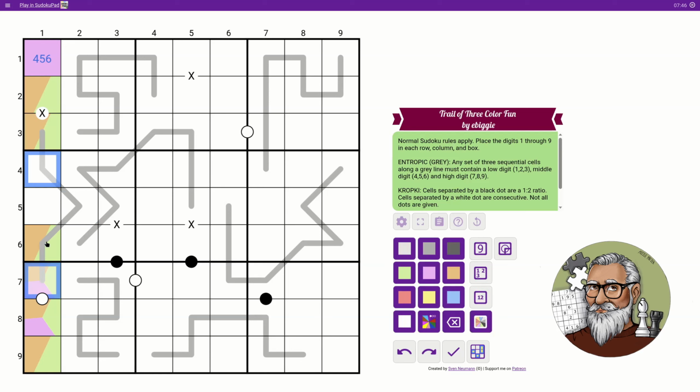This is the same color and this is the same color. What does that mean? Same color, not same value. Okay. Anywhere else I can use this?